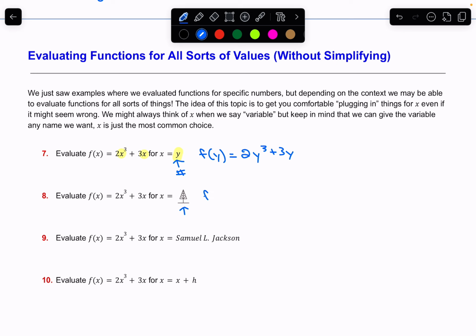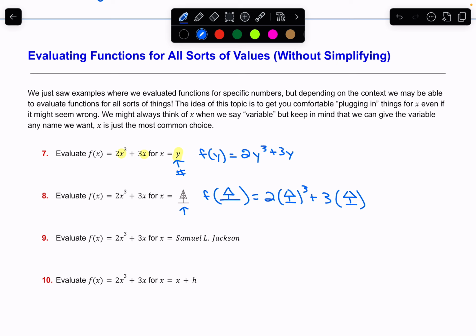We're going to find f of tree. And so everywhere I see an x, I'm just going to put a tree instead. So it's going to be 2 times tree cubed plus 3 times tree, where everywhere I saw an x, I just put a tree in its place.